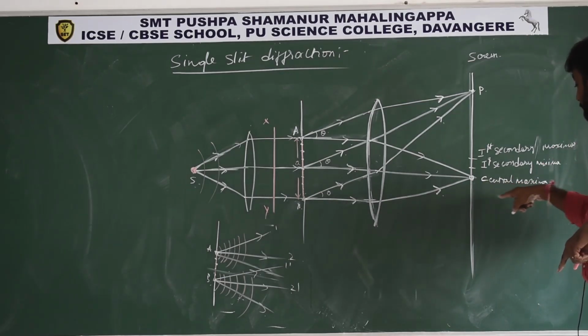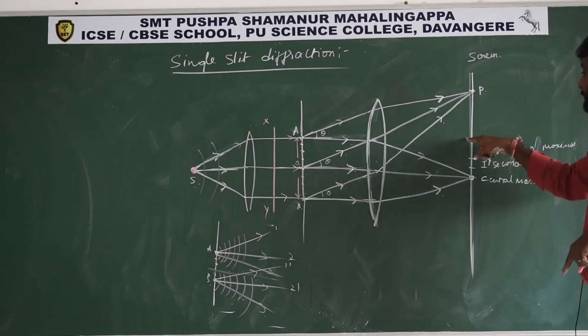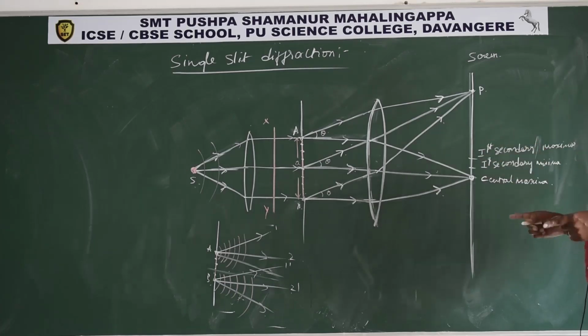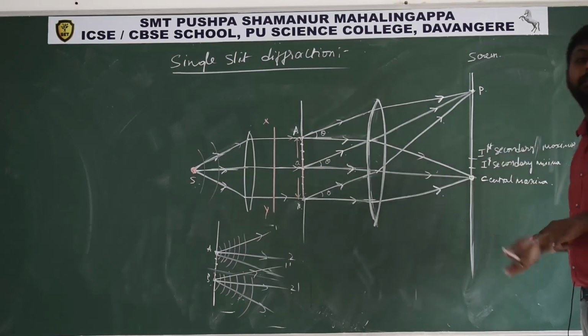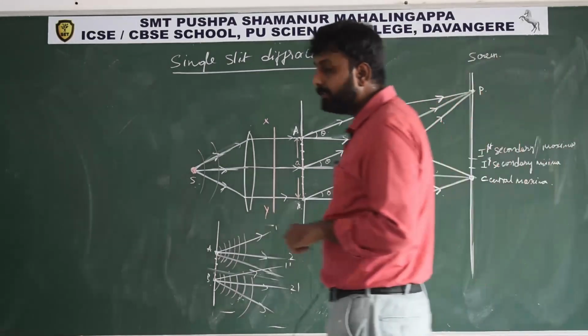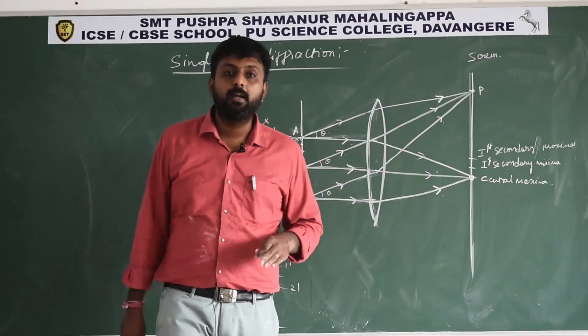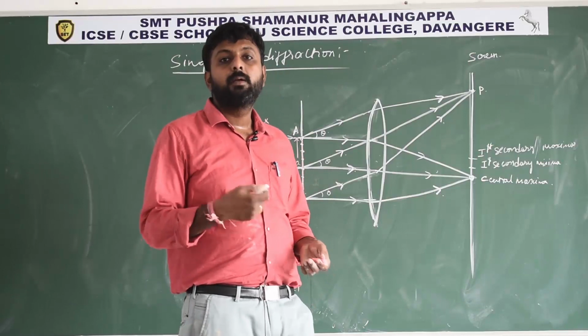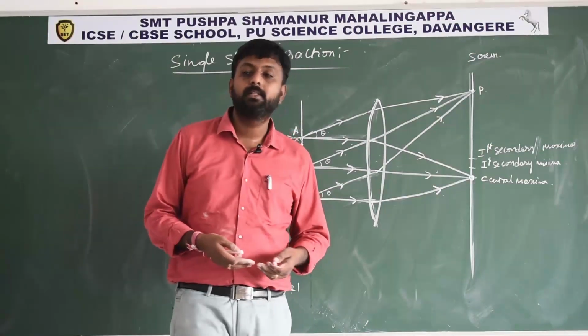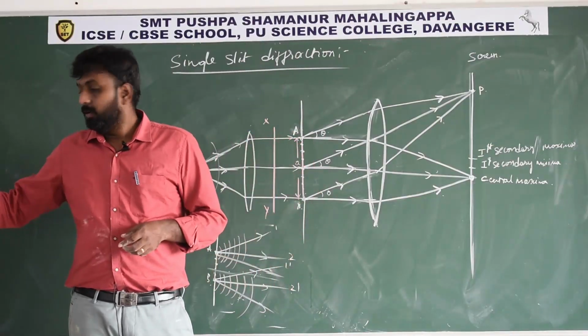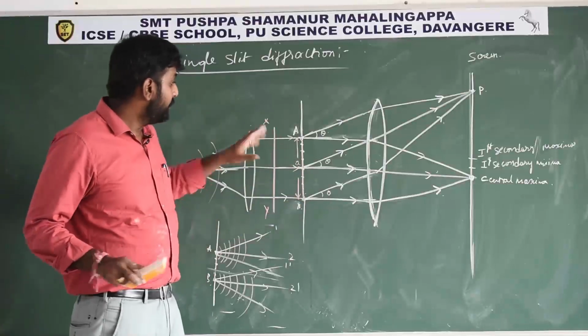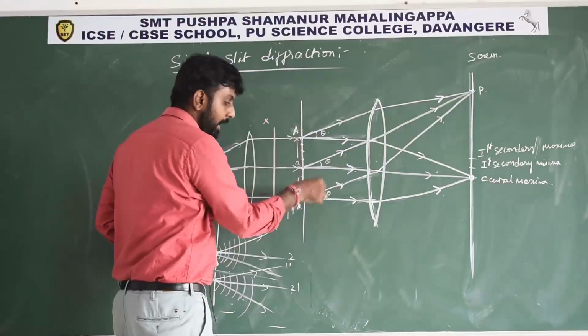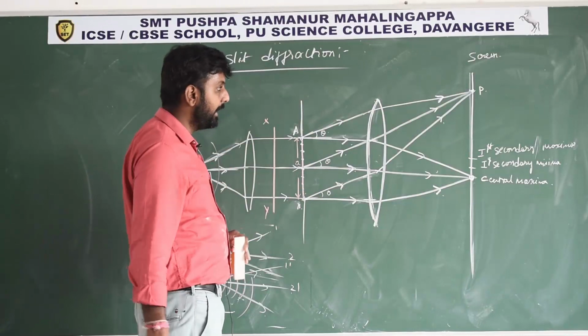Next first secondary maxima, and next second secondary minima, second secondary maxima. Similarly, nth secondary minima, nth secondary maxima. In this way, we will use the sentences for bright and dark fringes. I hope you understood this one. These angles are called the angle of diffraction or diffracting angle.